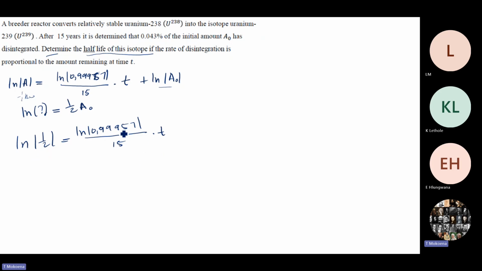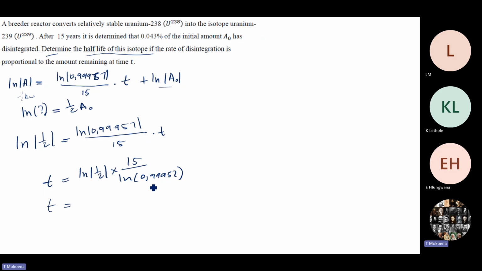You understand? So now our t in this case will be equal to how much? It will be ln of 1 over 2 multiplied by 15 divided by ln of 0.99957. I don't like to round. I would rather round off my final answer. So please also confirm with me using your calculator. So here I'm going to have ln of 2 multiplied by 15 divided by ln of 0.99957.